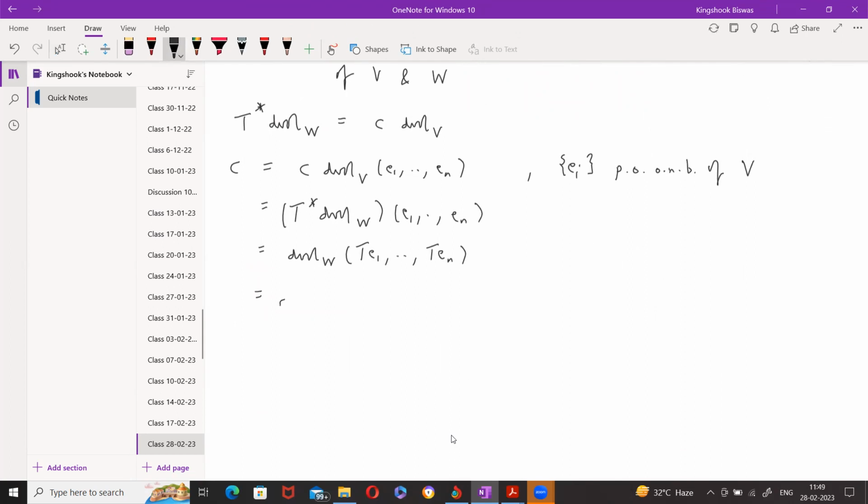Now this I can write as dvol_W of (S F1, ..., S Fn), where S is the unique linear map from W to W which sends the basis Fi to T ei.